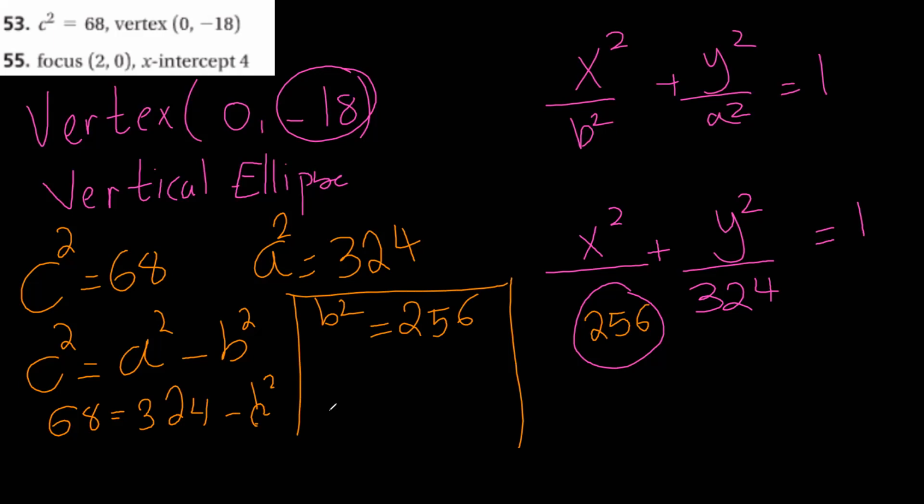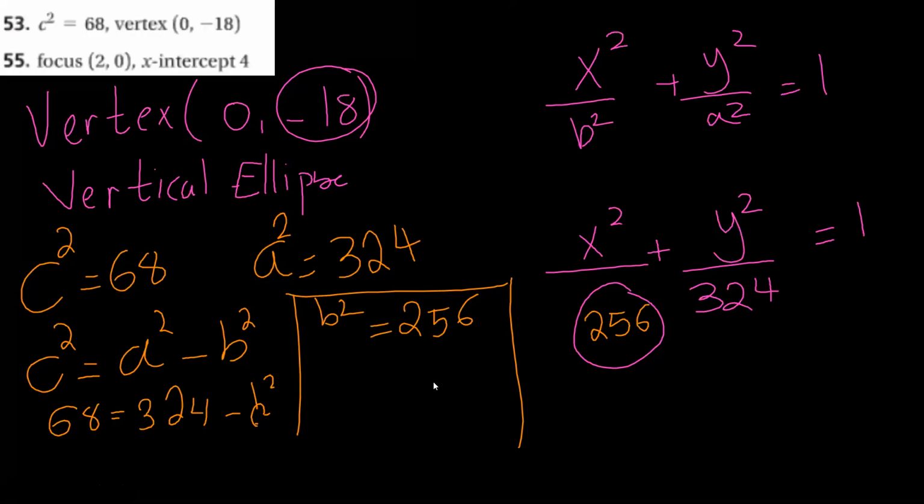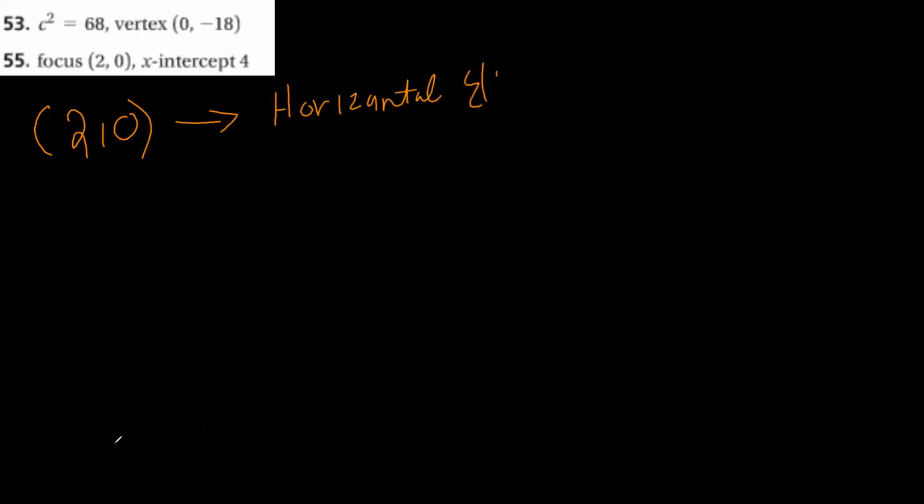Okay, I want now to solve number 55 before we finish this class. In number 55, the focus is 2. If the focus is 2, I mean the value is on the x-axis, so I'm talking about a horizontal ellipse with c equal to 2.